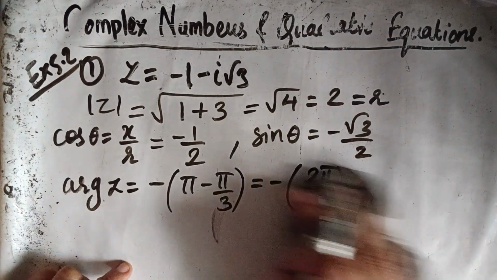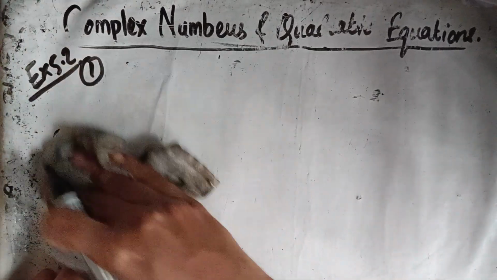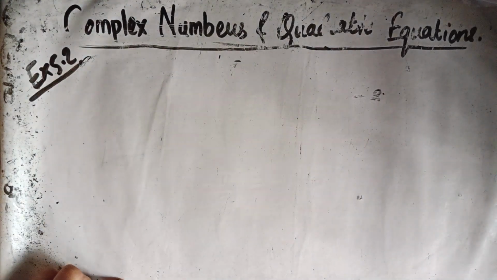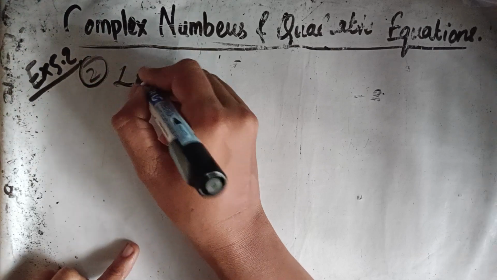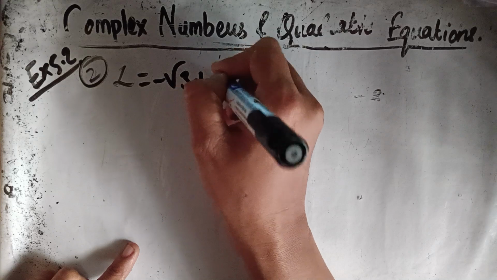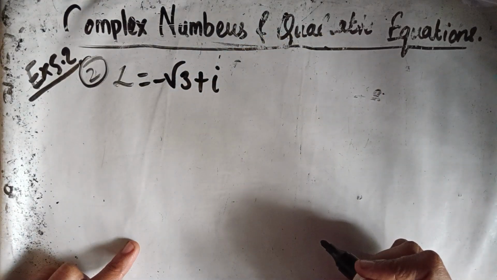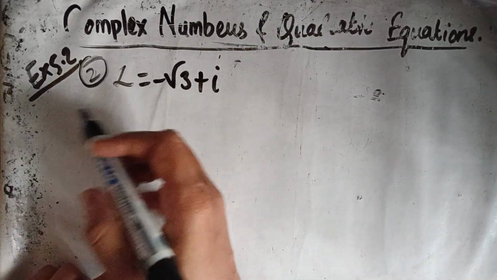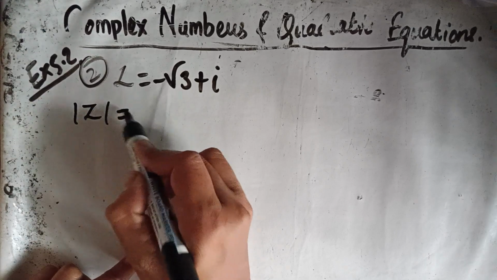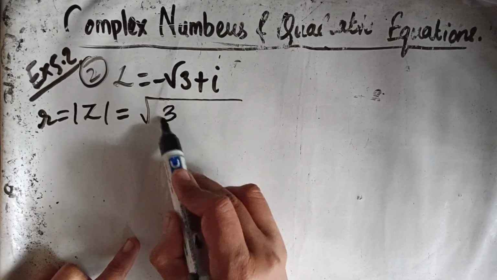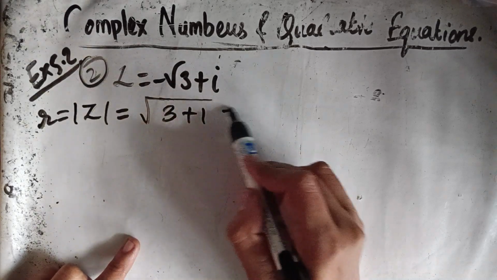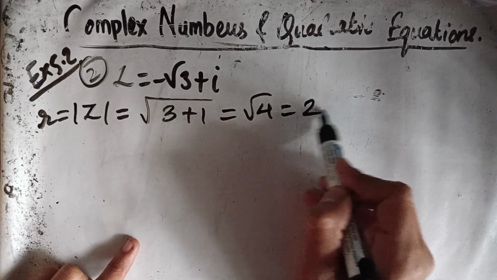Okay. Next is the same. You have to find mod and argument. z equal to minus root 3 plus i. This we have done, I think. Still I'll do it again. Mod z, which is r, root of 3 plus 1, which is 2.